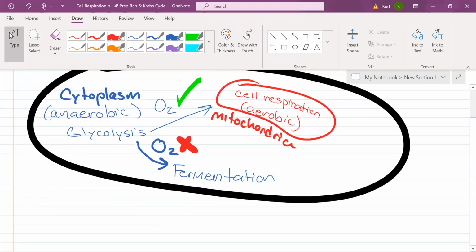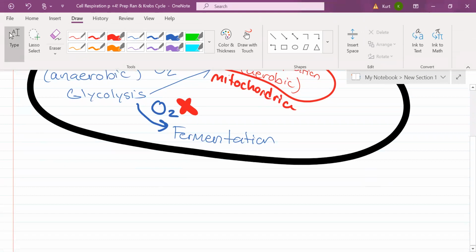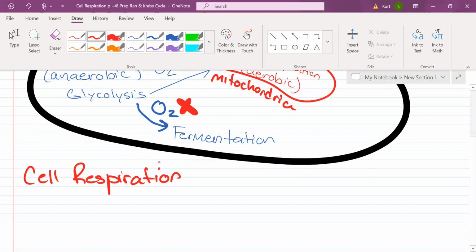So we're finally getting into the mitochondria today. A few things to understand before we actually get into that. The chemical equation for cell respiration is as follows.